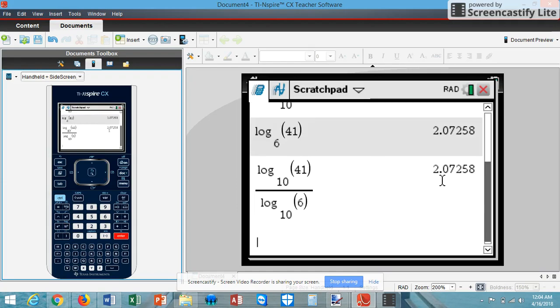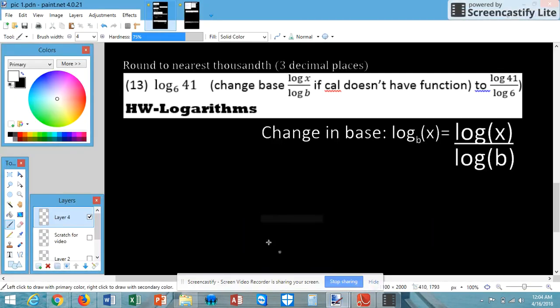So that's 2.073. We rounded to 3 decimal places. And as you can see up here, if you put in log base 6 of 41, as it is in this calculator, you get the same answer. So we're going to go ahead and write that out. So x is approximately 2.073.